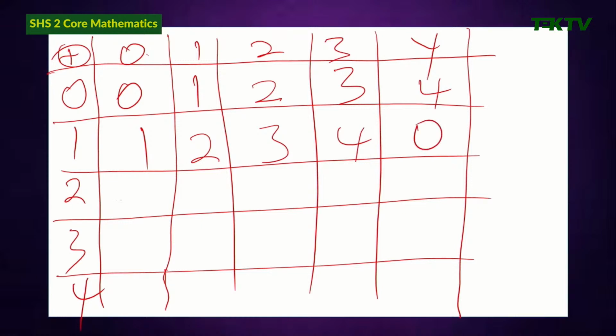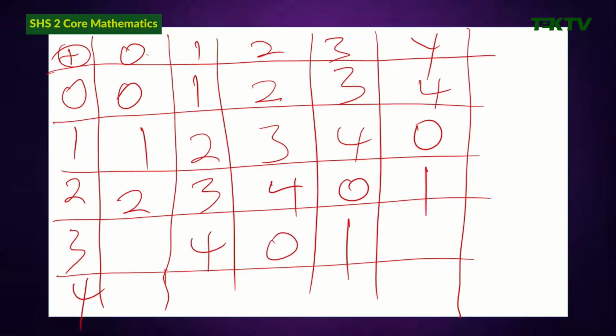So at the end, you are supposed to get something like this. Okay, so this is the addition table for mod 5.